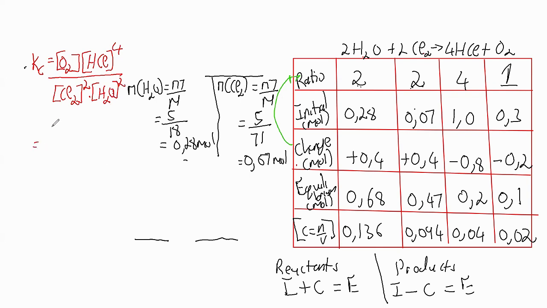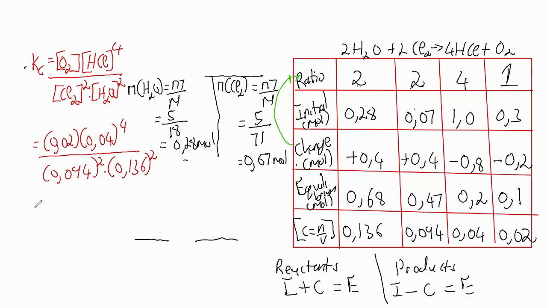Now, after this step, you need to ditch the square brackets and start to use round brackets, because now you are substituting the values. So this is 0.02 multiplied by 0.04 to the exponent of 4, over chlorine gas, which is 0.094, squared, and then 0.136, squared, right?